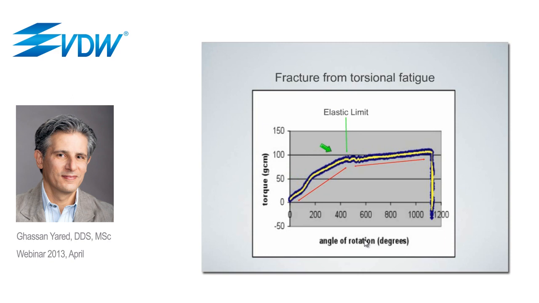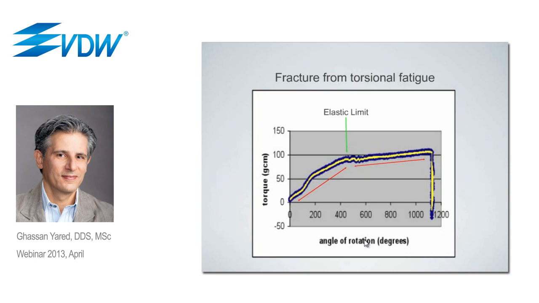So as I said, the changes in the metal of the instrument will be reversible or irreversible depending on the degree of rotation of the instrument when it is binding. To summarize, if the degree of rotation when the instrument is binding is below the elastic limit, the changes are reversible in the metal. If the degree of rotation is beyond the elastic limit, more than 400 degrees for this example, the changes are irreversible.